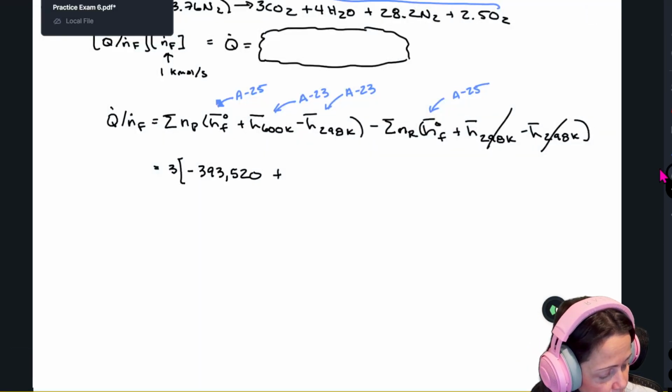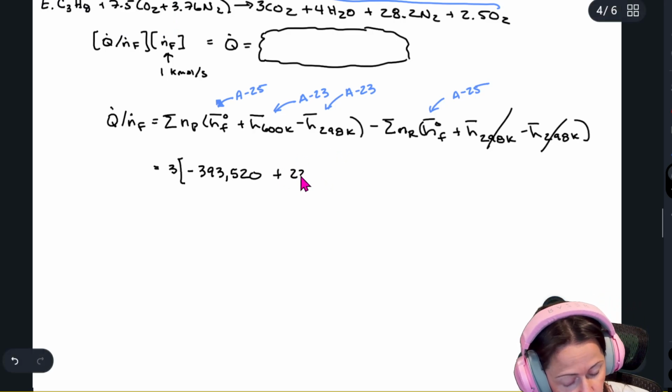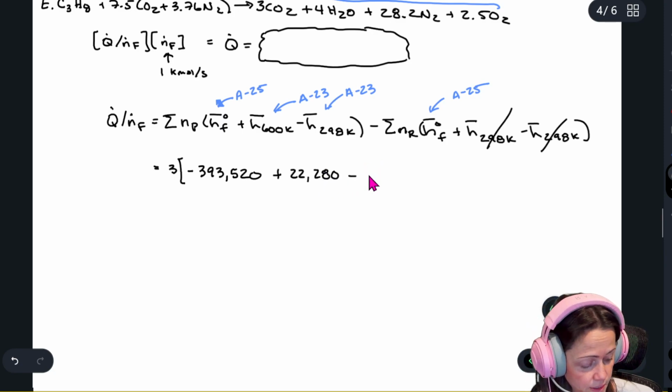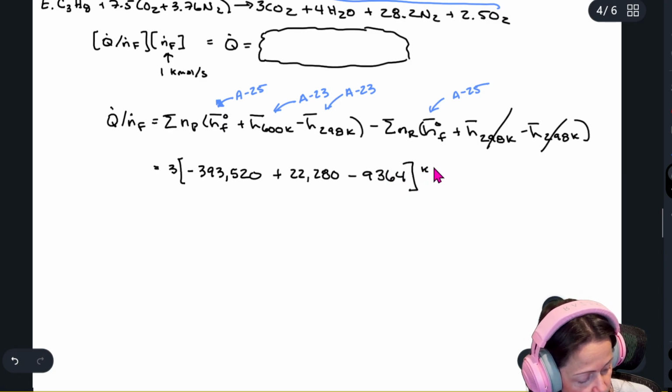So at 600 Kelvin for CO2, I've got 22,280 minus, at standard reference state, 9364, and the units here are going to be kilojoules per kilomole.